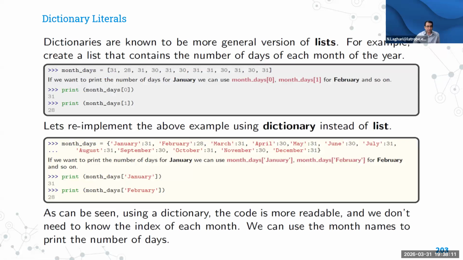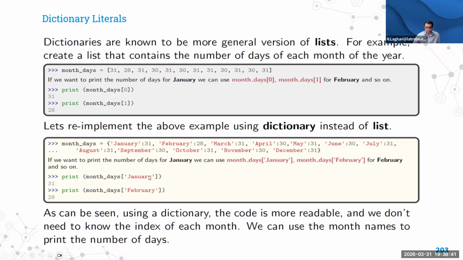Here we have got an example. Month days, we say January 31, February 28, March 31, and so on. If you want to print how many days are there in a month, you access the dictionary, month days, and you access the value using the key.